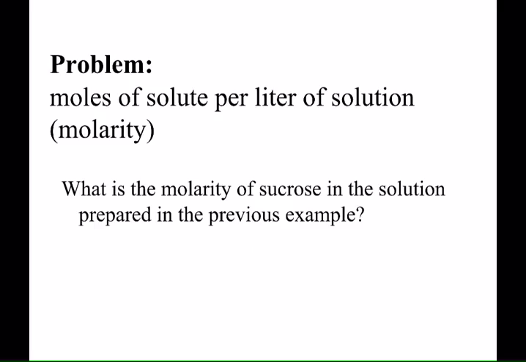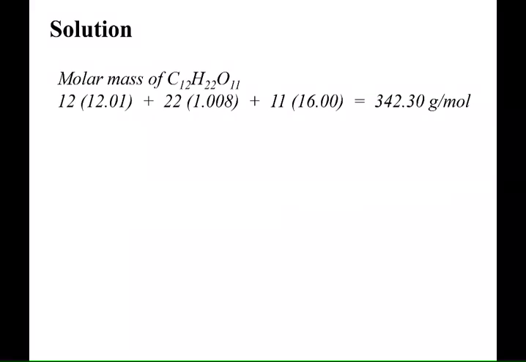Okay, so this is a molarity problem. Again with the sucrose. We're taking a certain mass and dissolving it. The 144 grams per liter, we're going to basically piggyback off of that. So in order to come up with molarity in this sort of problem, we'll need the molar mass of the compound.